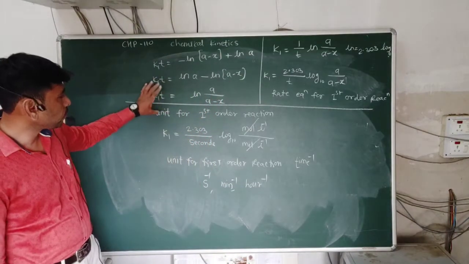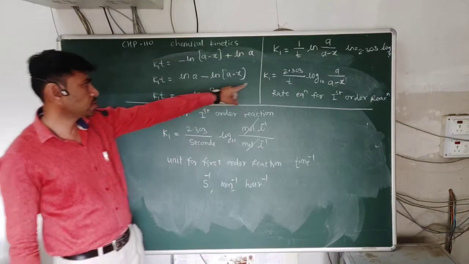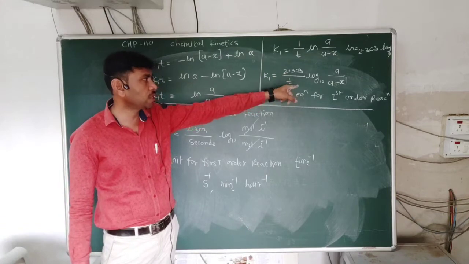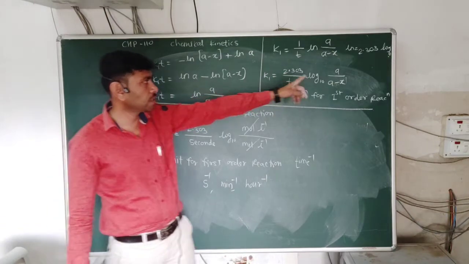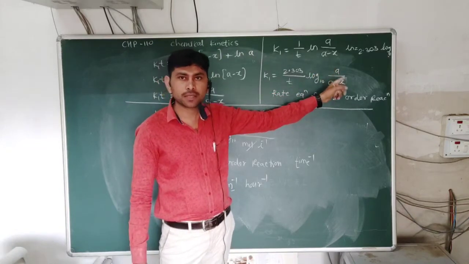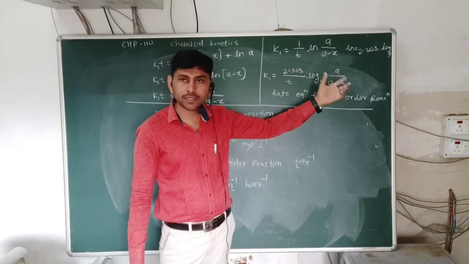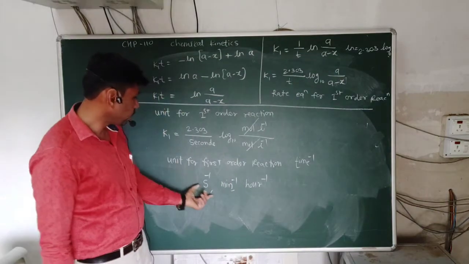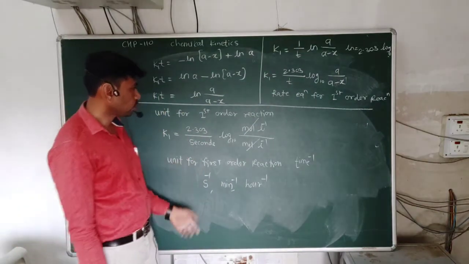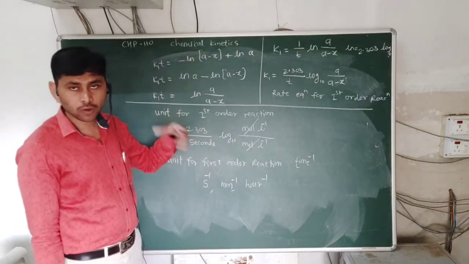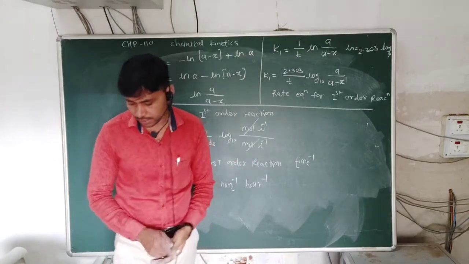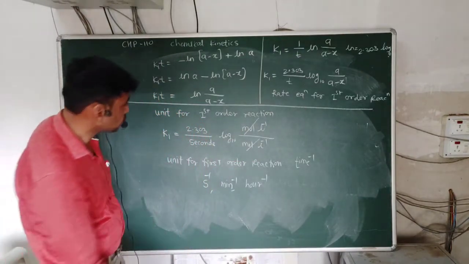This is the rate equation for a first order reaction: k1 equal to 2.303 upon t log to the base 10 A upon A minus x. A is the initial concentration, A minus x is the concentration at time t, and the unit for a first order reaction is generally per second, and for a zero order reaction the unit is moles per liter per second.